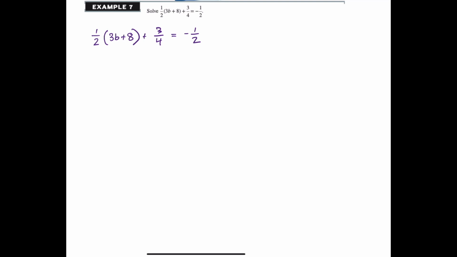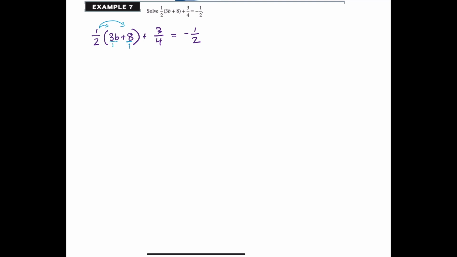First, I want to distribute. I'm going to distribute the 1/2 to both terms. When you multiply by 1/2, it's the same thing as dividing by 2. Another way we can see this is that this is like 3b over 1 plus 8 over 1.